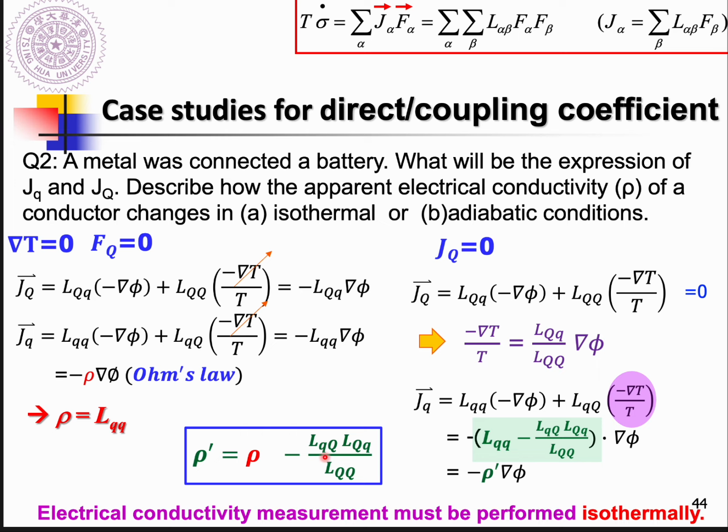So let me also tell you, in order to measure the correct, accurate electrical conductivity of your materials, you must perform all these measurements under isothermal conditions. Otherwise, in most cases you are going to underestimate the electrical conductivity of your materials. Okay. Today we ended here.